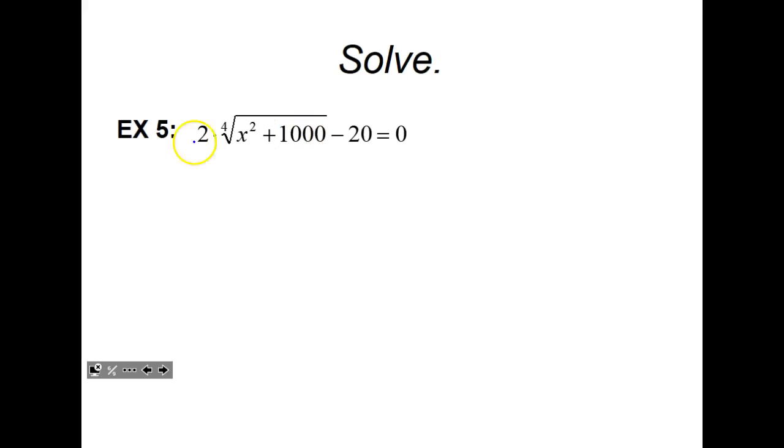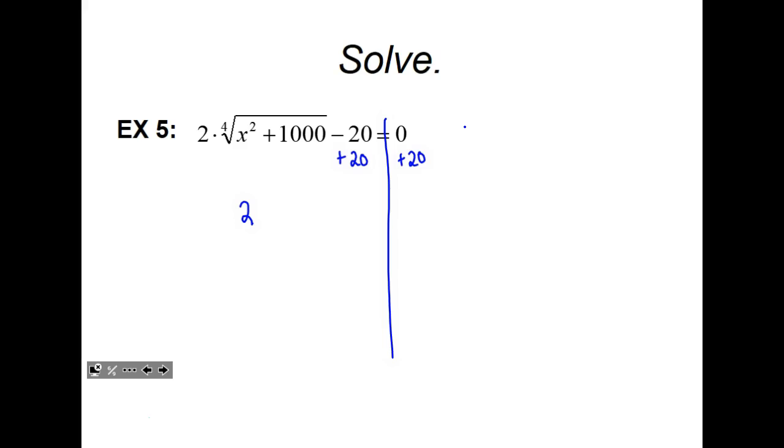All right, this last one that we're going to do in these notes is one where we have a fourth root, but notice now we have stuff on the outside of our fourth root. We need to get rid of that before we raise both sides to the fourth power. So I would add 20 right here.